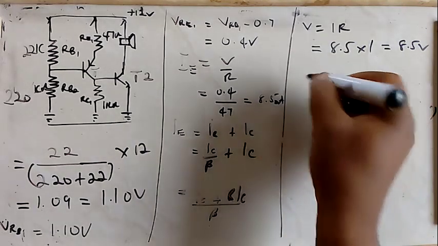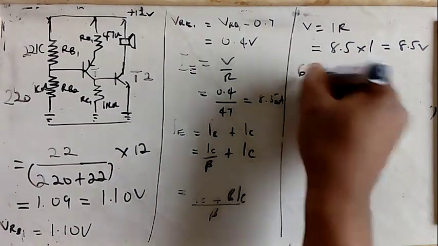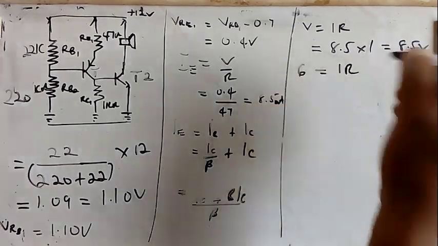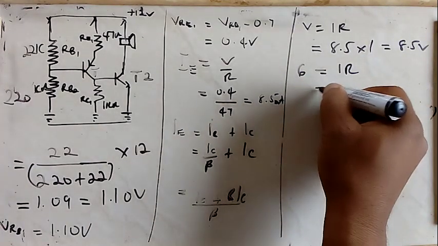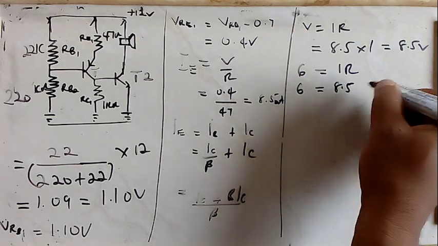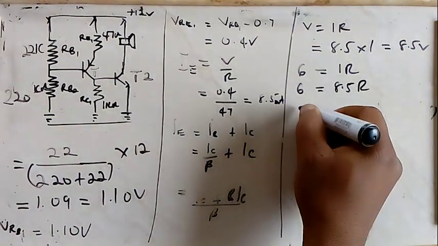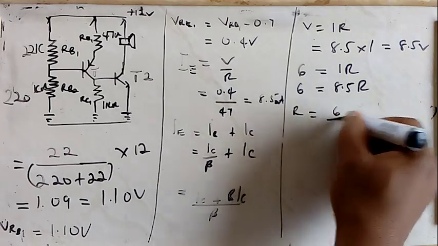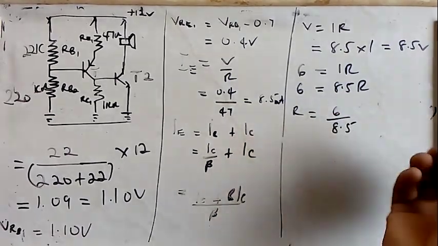So what we seek is 6 volts, right? Again, by Ohm's law, voltage is equal to IR. We know our V is 6, our I is 8.5, our R is what we seek. So our R is 6 divided by 8.5.